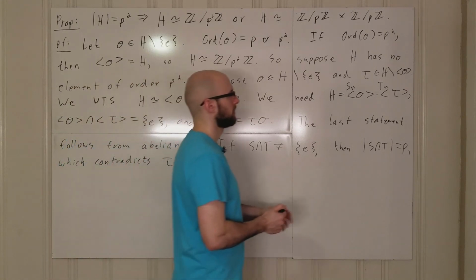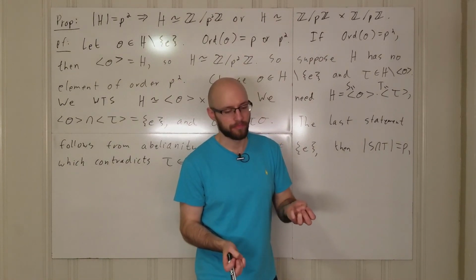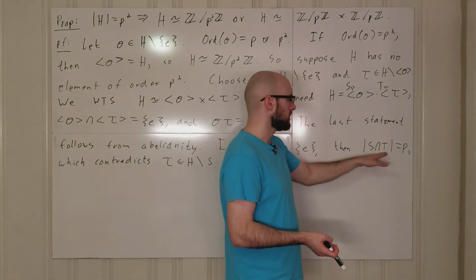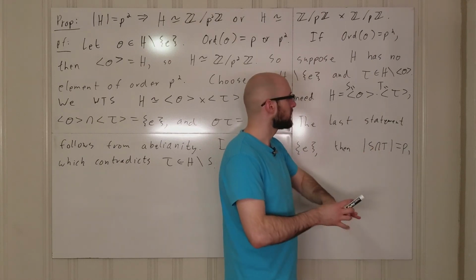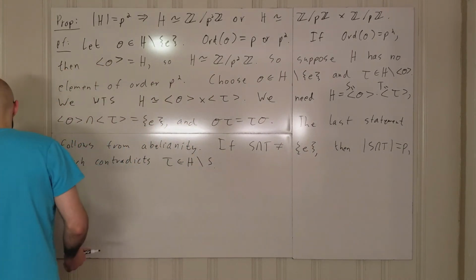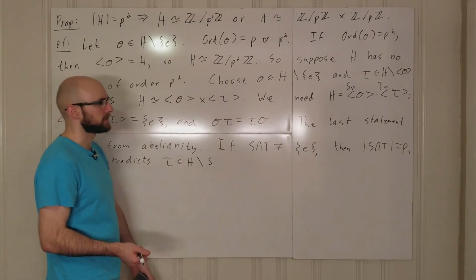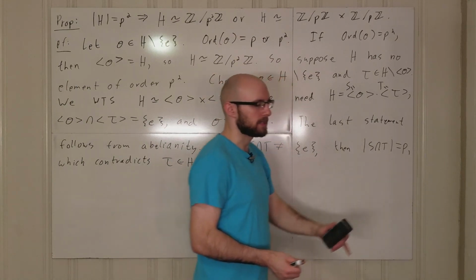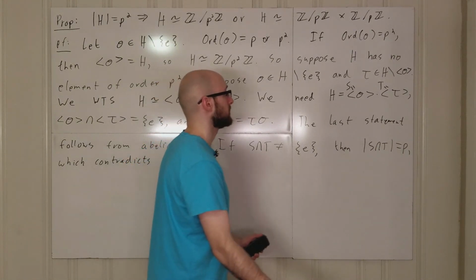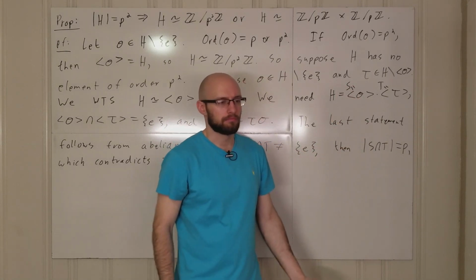And so the subgroup generated by tau has at least one thing in it which is not contained in S. And so S intersect T is strictly contained in T, and T has size P. And so, since tau is in H minus S, the size of S intersect T has to be no more than P minus 1, because best case scenario, every element in capital T other than tau is contained in S. But that's the best case scenario.